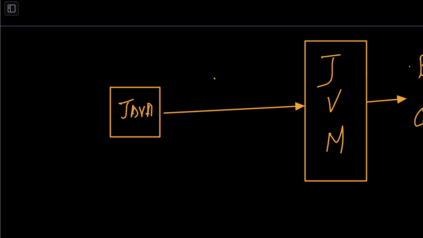So this is the bytecode, and once you have a Kotlin bytecode, both bytecodes are the same, right? One of the biggest advantages of using Java is it is system independent.